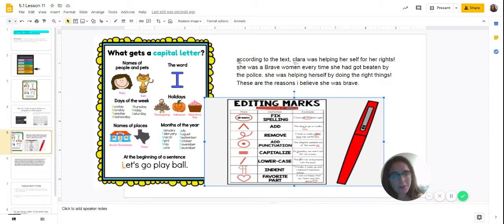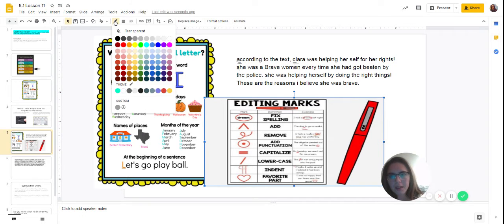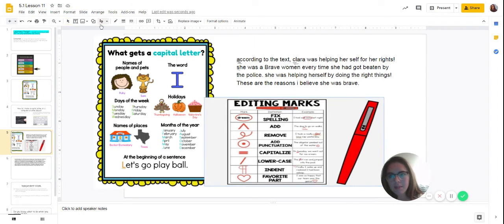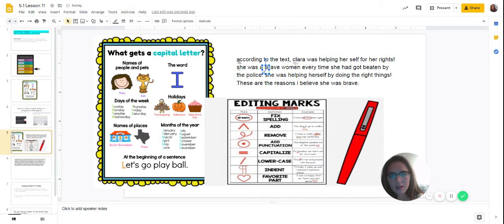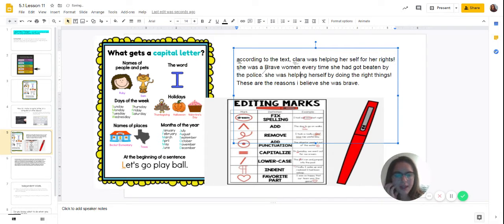The B should actually be lowercase. So I'm going to go ahead and make a slash to let me know that this is supposed to be lowercase. Okay, so I just make a slash. And everything else in that sentence looks well.